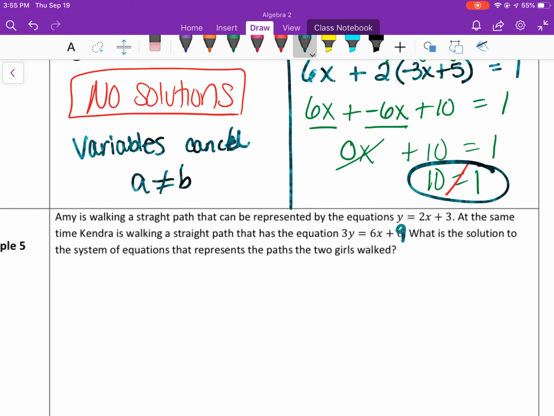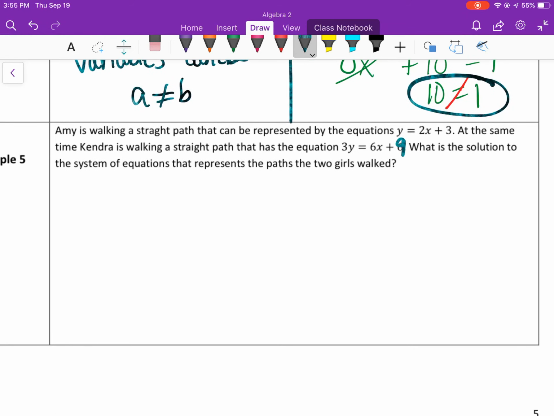Now this one, as set up, it doesn't quite work out the way I wanted it to. I think this 6 is supposed to be a 9 in the second equation there. So Amy is walking a straight path that can be represented by the equation y equals 2x plus 3. At the same time, Kendra's walking a straight path that has the equation 3y equals 6x plus 9. What is the solution?